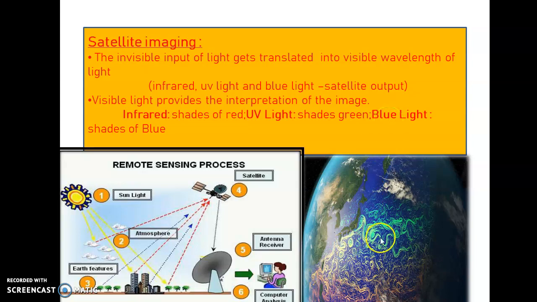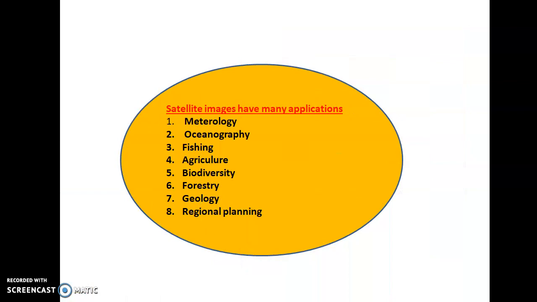By means of these three rays we can analyze the condition of the ocean. Here it is ocean. So this is the process which takes place in satellite imaging.